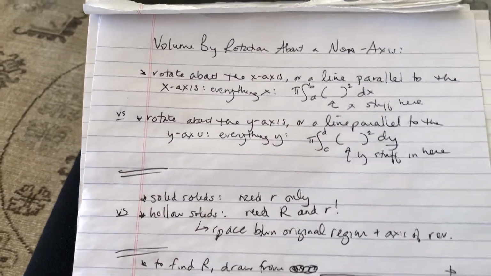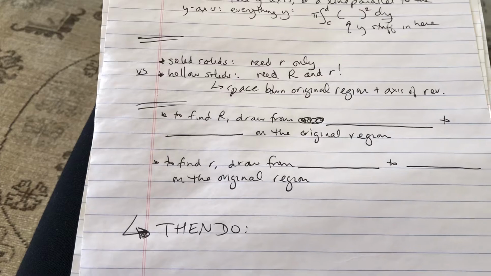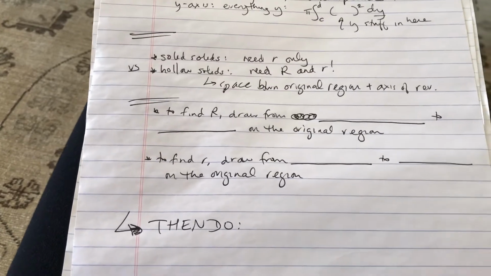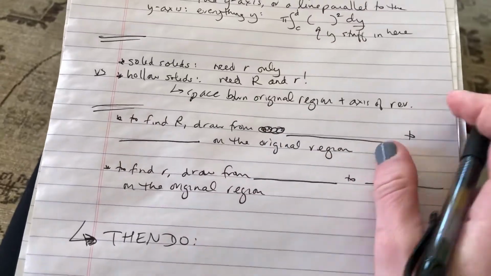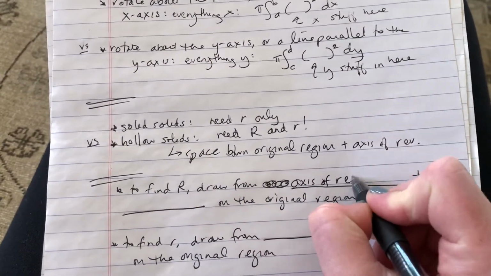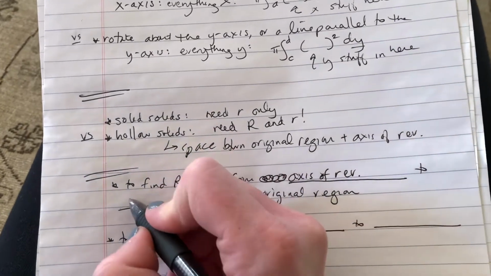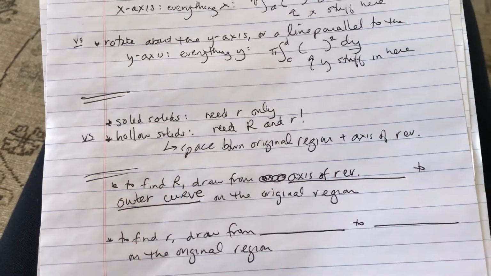Once you've established whether it's hollow or solid, you need to figure out what either just R is or what both big R and little r are. To find big R, you're going to draw from the axis of revolution to the outer curve on the original region, which is, again, a reason why it's important to shade your original region.